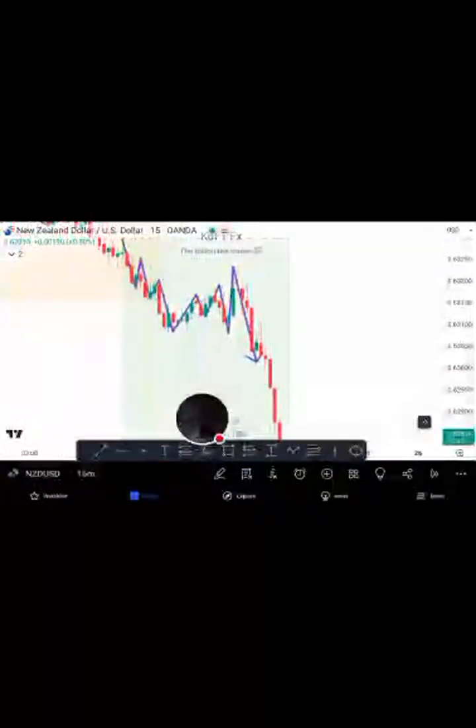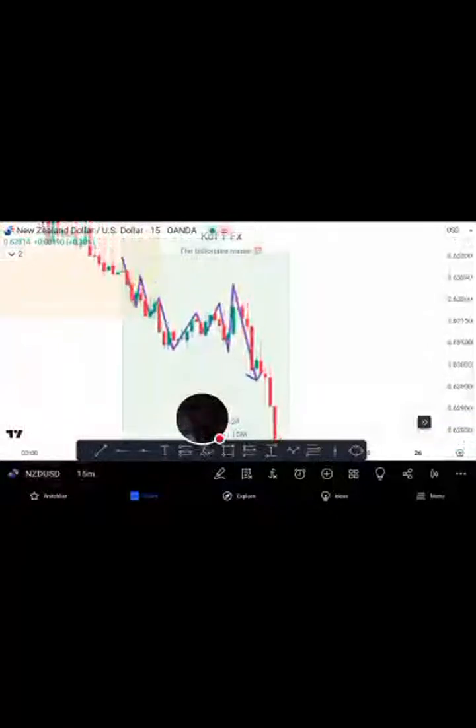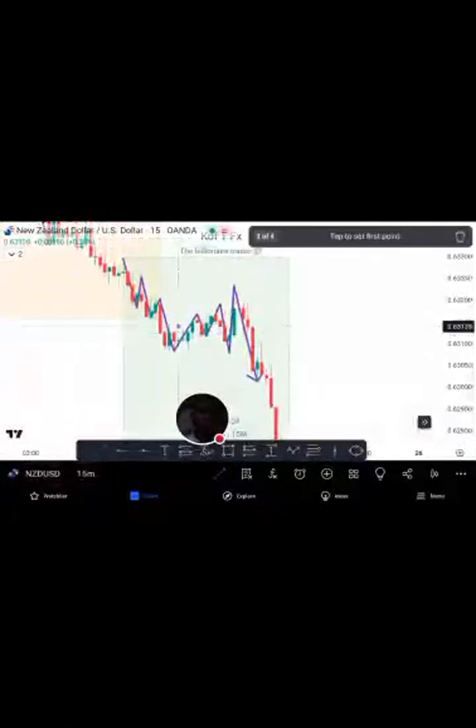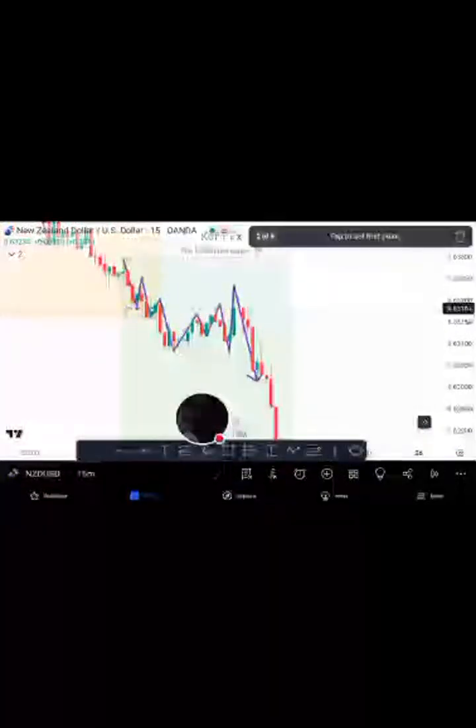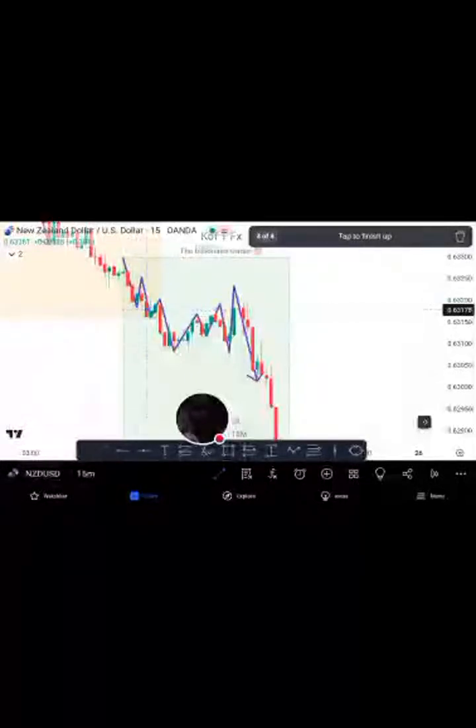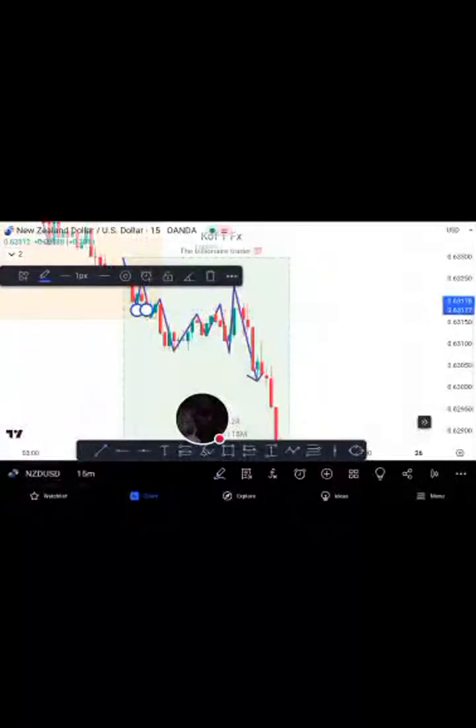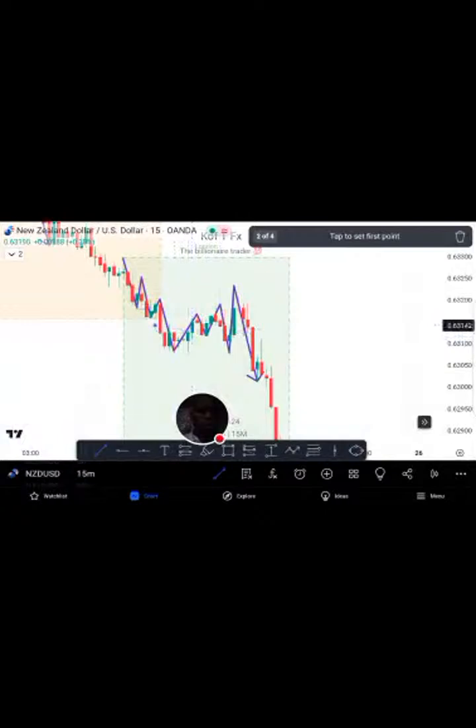So looking at this, we have this taking out this low. This here is a demand zone, not really a break of structure.